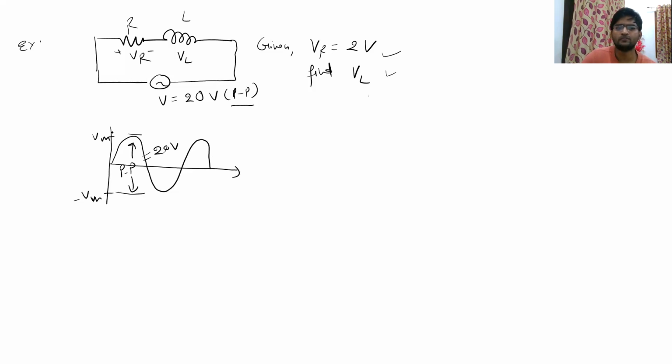From minus Vm to Vm is totally how much? 2 Vm is equal to 20 volts. So Vm is equal to 10 volts. So basically we can write this particular waveform's equation as V is equal to Vm sine omega t, which is nothing but 10 sine omega t.